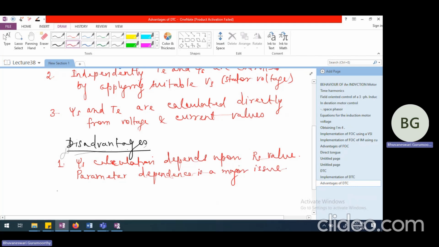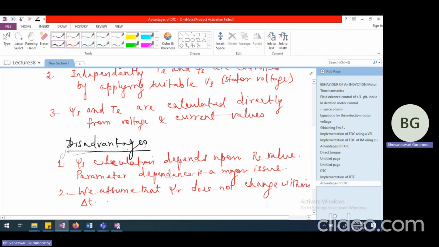Second thing we should say is we assume that psi r does not change within delta t. Whatever is the time duration we are talking about, we assume that psi r does not change.